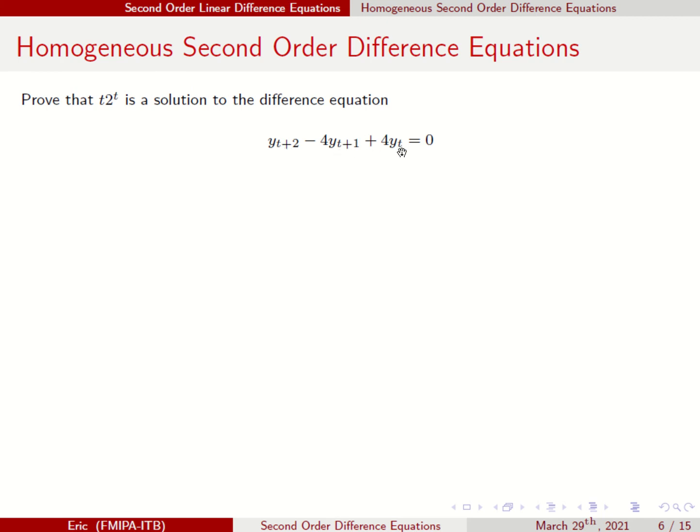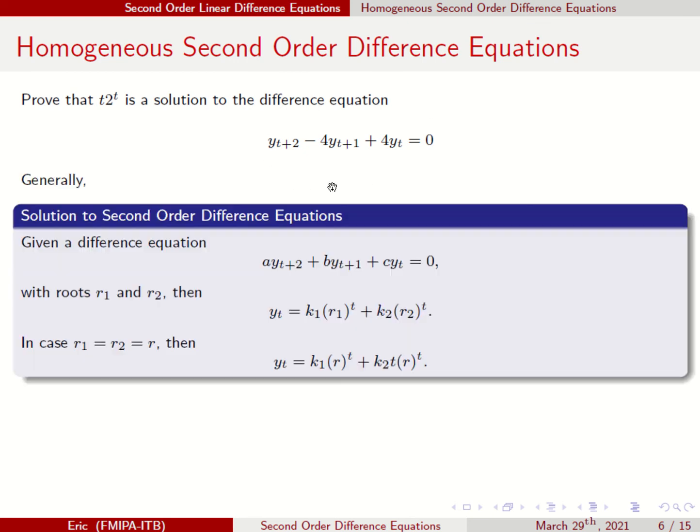Now suppose we have a double root, only one root here, say r equals 2. The essential solution is just 2 to the power of t. You can check that the essential function times t is also a solution.